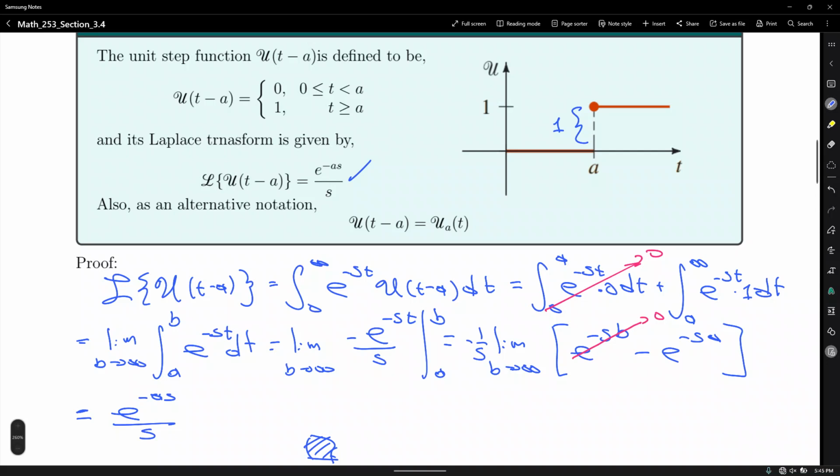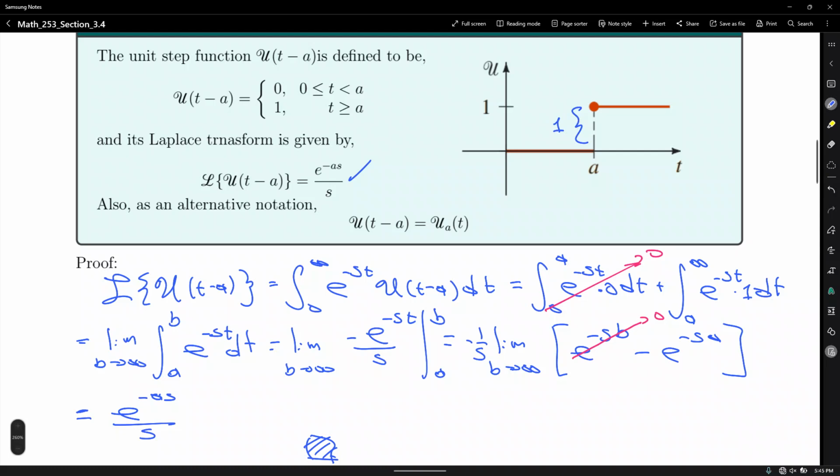We only care about 0 and on. So we have the light off between 0 and a, and then at time equals a, boom, it's on by 1 unit. You can think of this as the intensity of the light, or the intensity of the signal, depending on what you would like to relate it to.